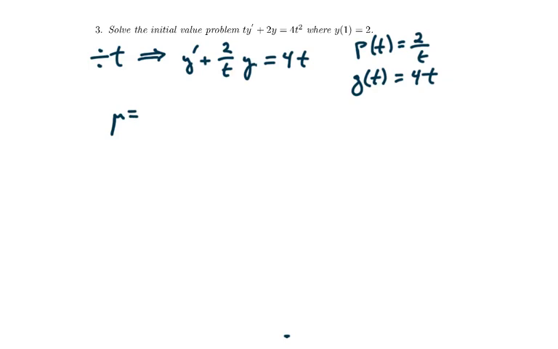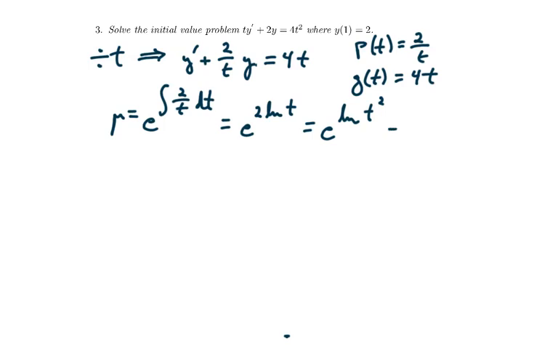So now I'm ready to find our integrating factor. So mu is going to be e to the integral of 2 over t dt, which is going to be e to the 2 natural log t, which is e to the natural log of t squared, and by the exponential and log relationship simplifies to just t squared. And so that's our integrating factor.